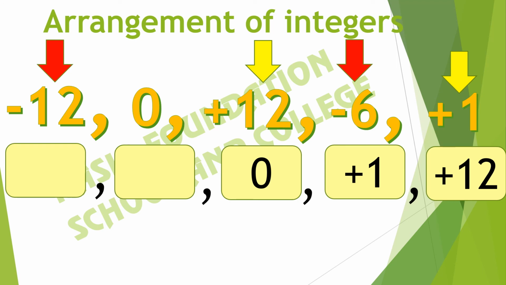Now we will place the numbers that are smaller than 0. We have two numbers, minus 6 and minus 12. Which number will we write? We will write minus 6. On the number line, minus 6 comes after 0, and then comes minus 12.